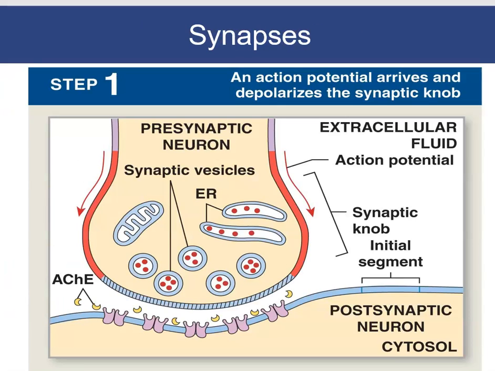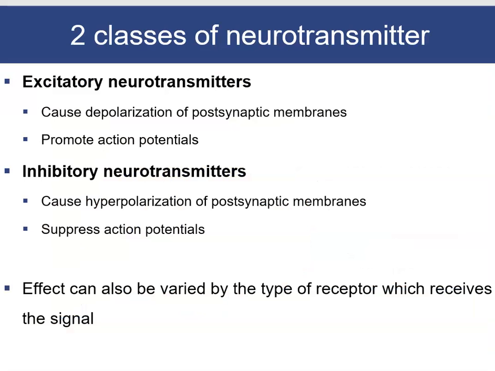Let's look at the process of a synapse. Okay. I forgot, there are two classes of neurotransmitters: excitatory neurotransmitters and inhibitory neurotransmitters. An excitatory neurotransmitter will cause depolarization of the postsynaptic membrane, and it will cause an action potential.